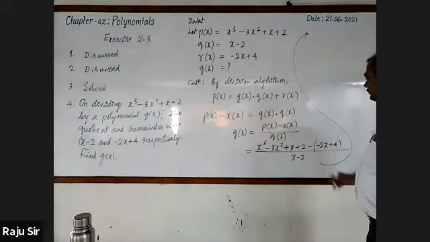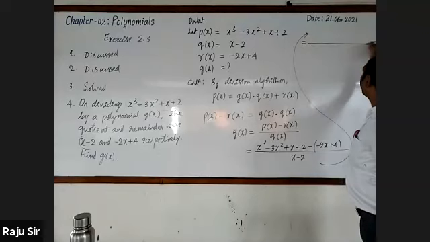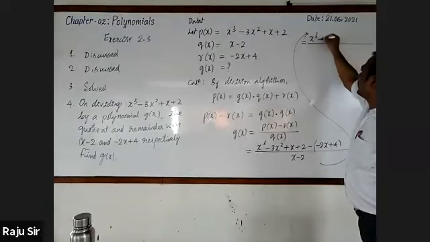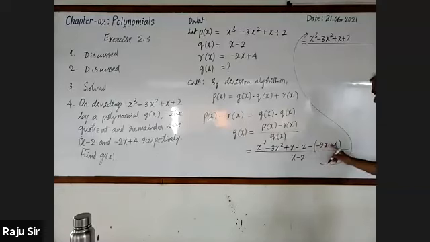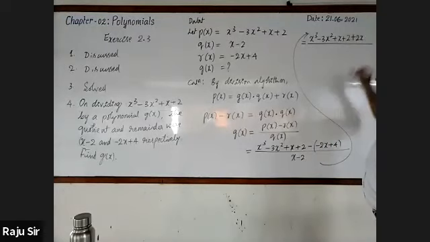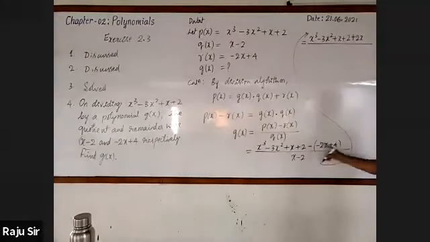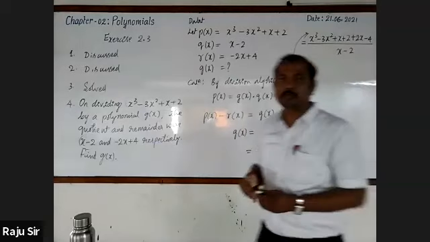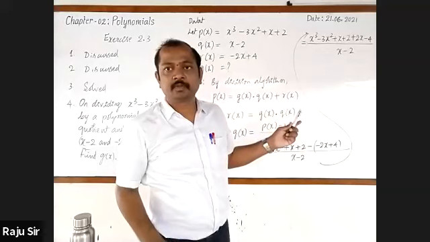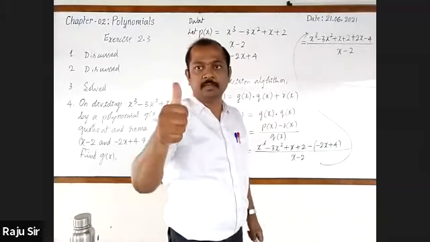It is equal to x cube minus 3x square plus x plus 2. Multiply both the terms by minus. Here minus into minus is plus, it is plus 2x. Then minus 4, whole divided by x minus 2. You have written the same? Saurav, Samiksha, Tejasvi, Kondaji, have you written the same? Okay.